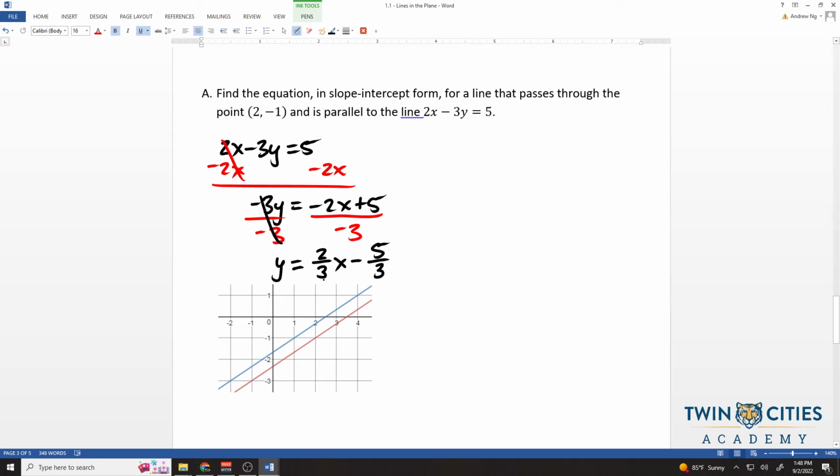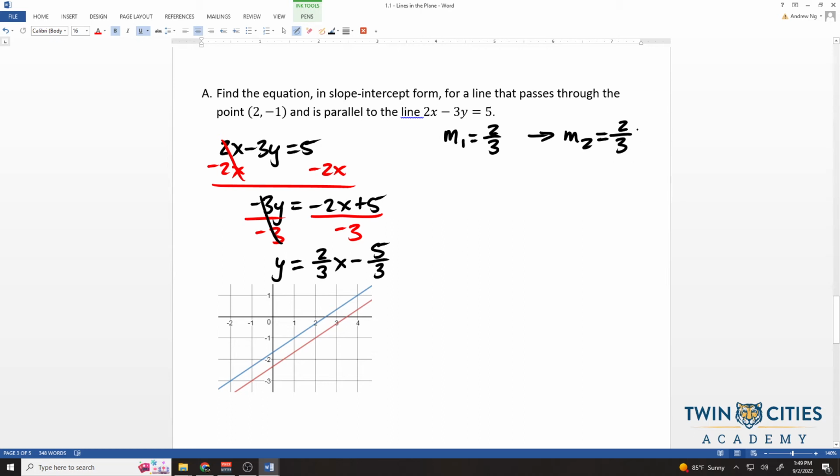The slope is 2/3, so m1 equals 2/3. And since I want these two lines to be parallel, their slopes must be exactly the same. This tells us that m2 must also be 2/3.